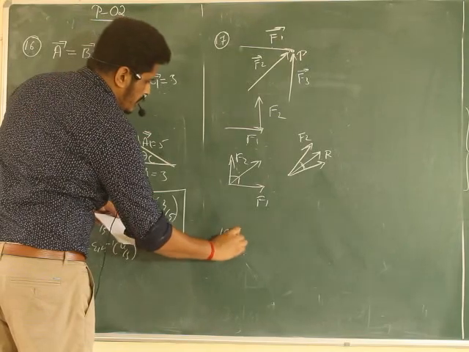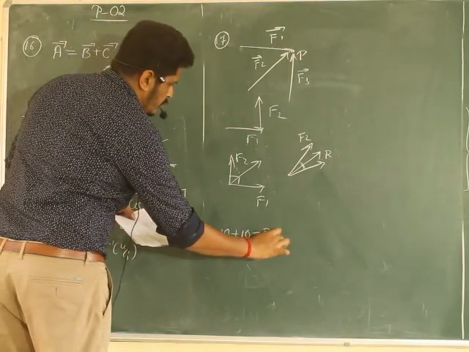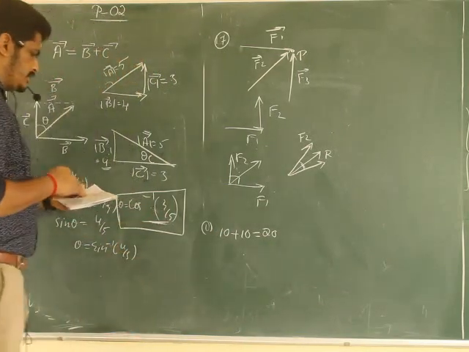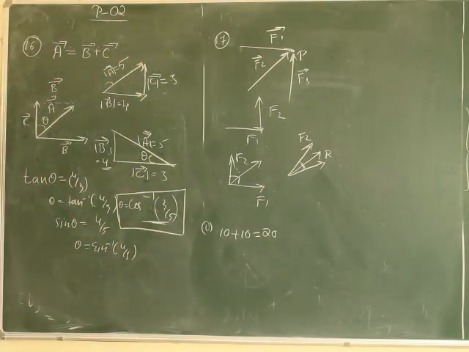For example, in the first option, 10 plus 10 equals 20, correct? Here I am simply writing 10 plus 10. So what you can see there is 3 options. In 3 options 10, 10, 10 is there. In that one, 2 vectors I have added up give you 20.